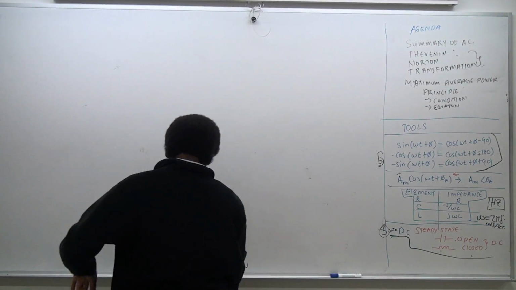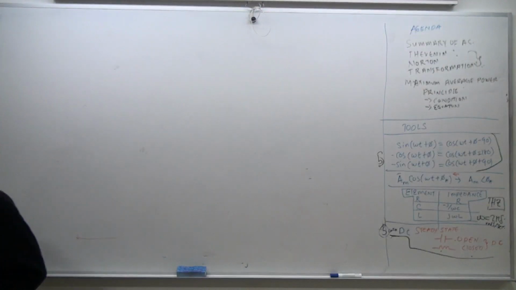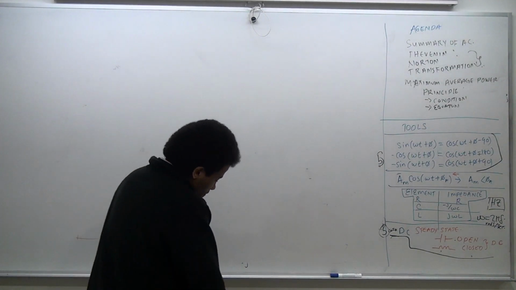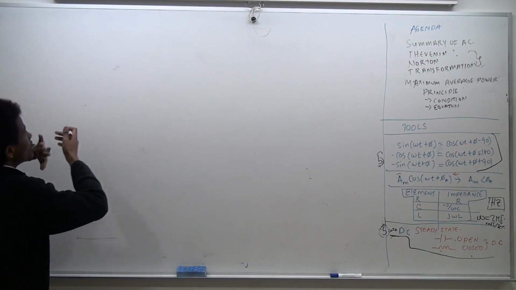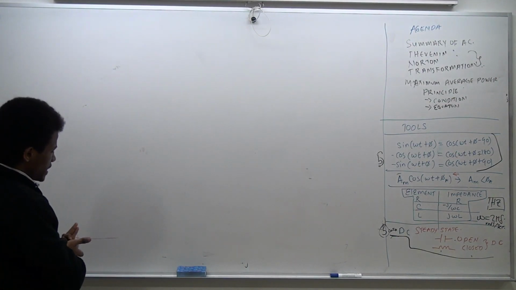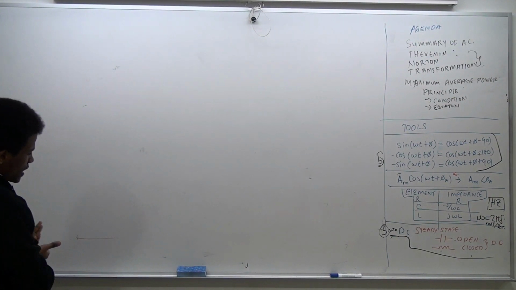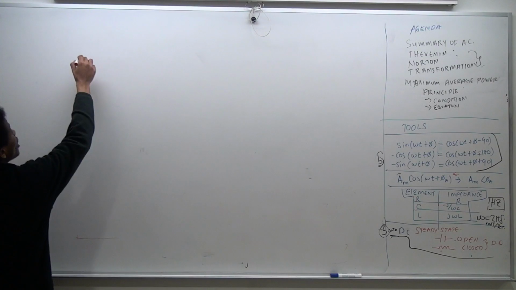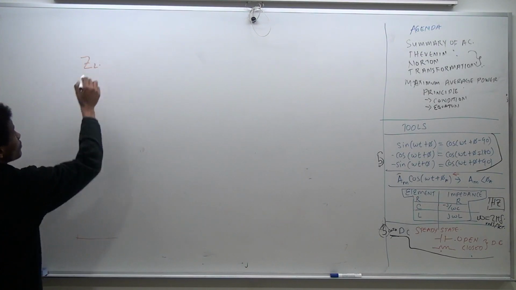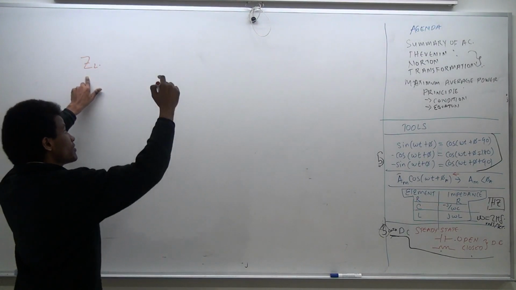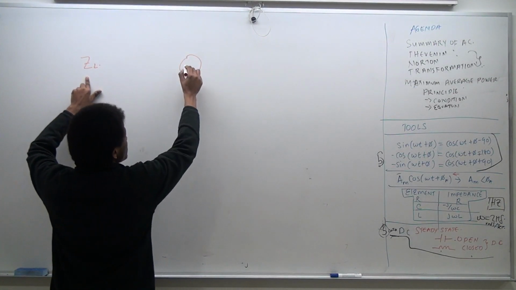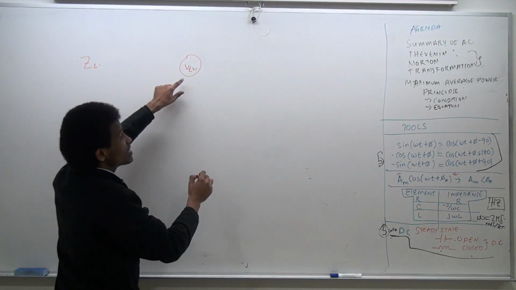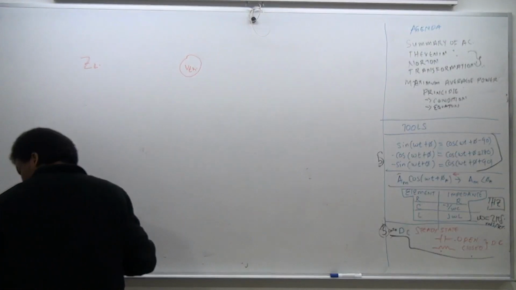Okay, maximum power principle. So let's say you take a circuit, and then let's call it the load impedance. What do I mean by load impedance? I don't know if you remember the circuit that we had before. Let us consider the Thevenin equivalency. So let's say we had a V Thevenin. Everything is indeed in complex numbers, okay?